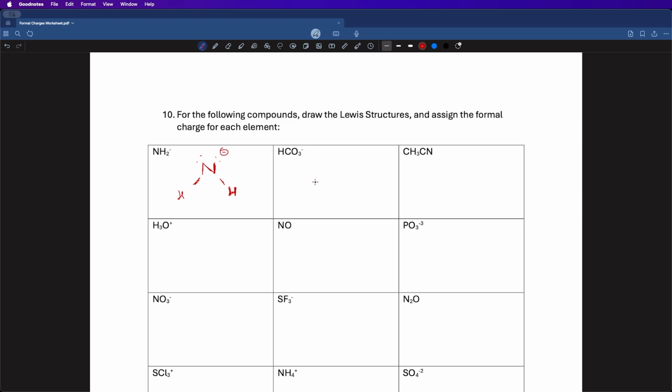The next one, let's try to put carbon in the middle. If we organize the elements around it, like so, we will generate a molecule where this oxygen has everything it wants, so two bonds and two lone pairs. This oxygen also has everything it wants, two bonds and two lone pairs. But this oxygen doesn't quite have enough, right?